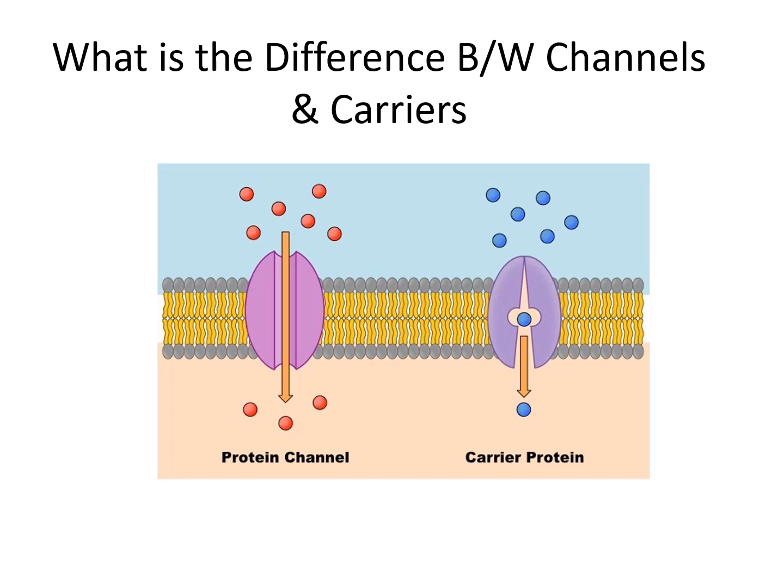So now we have understood channel mediated facilitated diffusion and carrier mediated facilitated diffusion. What is the difference between them? In channel mediated diffusion, a channel protein is required, and in carrier mediated facilitated diffusion, a carrier protein is required.